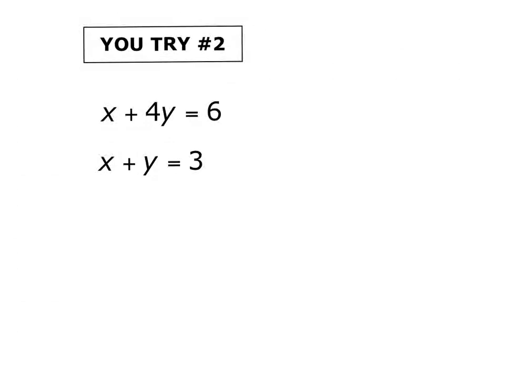Okay, so let me get you started here. Let's subtract x on both sides, and that gives us y equals minus x plus 3. Now we want to plug this into our other equation, so wherever we see a y, plug in negative x plus 3.